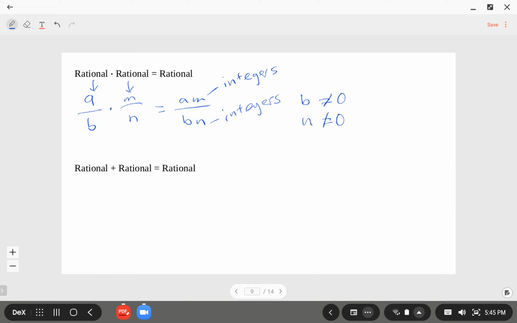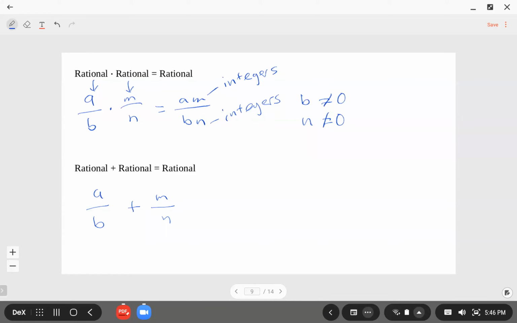Now, let's prove rational plus rational equals rational. Let's use the same examples: a over b plus m over n. How do we make sure this is rational?